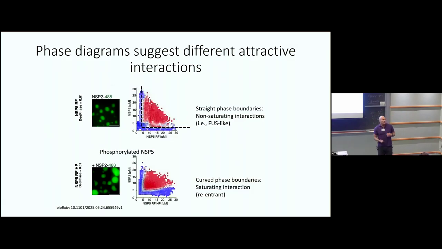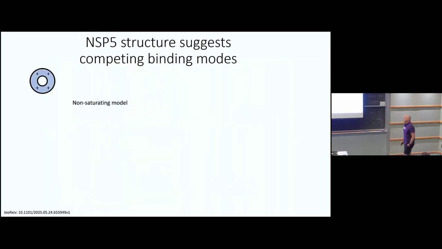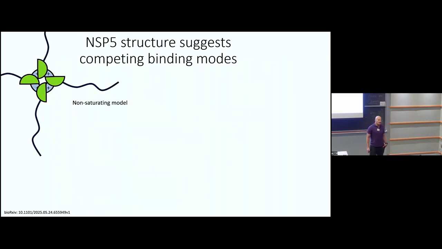So how can we take the molecular architectures of these two molecules and get models that have each of these two characteristics? Well, this is my non-saturating model here. We're going to use NSP2 as a hub, and I'm going to start assembling some NSP5s along it. And I'm going to have it bind via the C-terminus here, which is, again, the oligomerization domain.